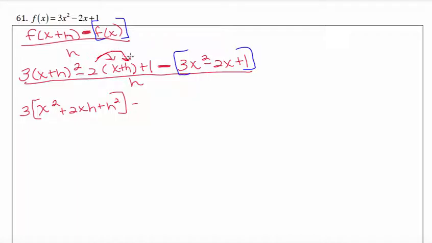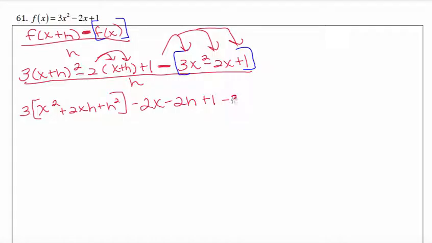So we're going to distribute our negative 2 or minus 2 and we get negative 2x or minus 2x minus 2h. I'm going to bring down my plus 1 and then I'm going to distribute my negative throughout this.